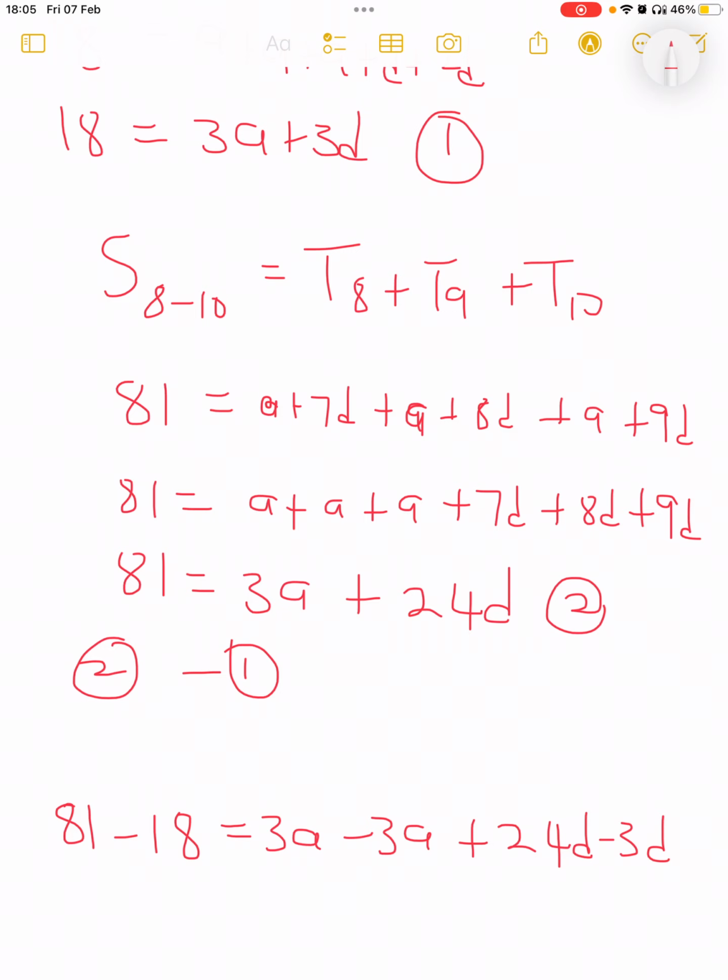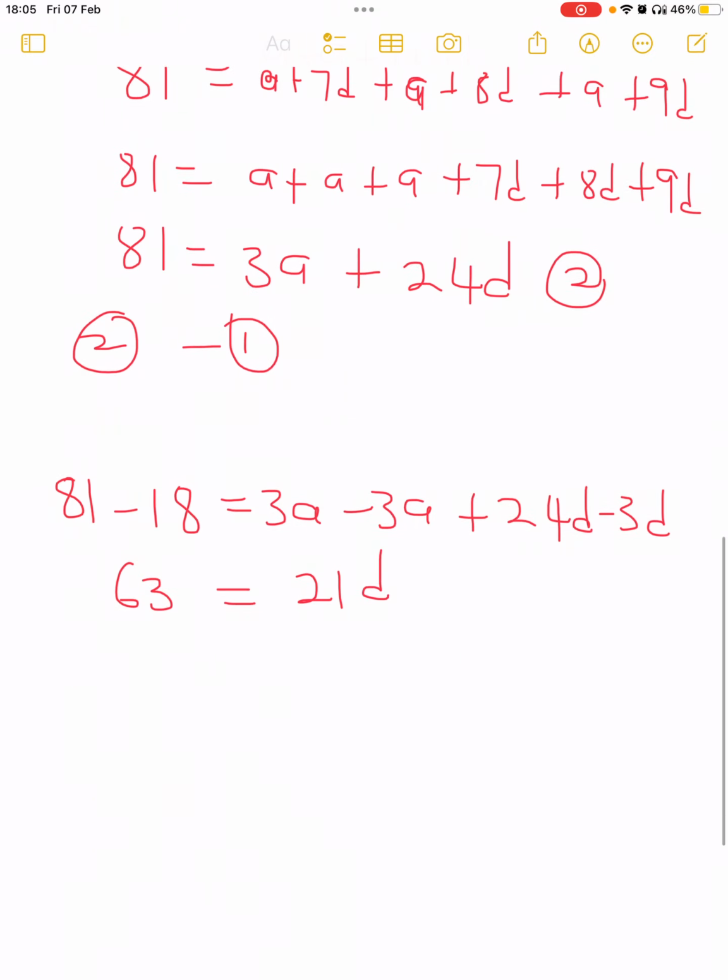Right, 81 minus 18, we get 63, which is equal to 3A minus 3A is 0, 24D minus 3D is 21D. And that leaves us with one unknown, whereby we can divide on both sides by 21. And then we get that D is equal to 3.